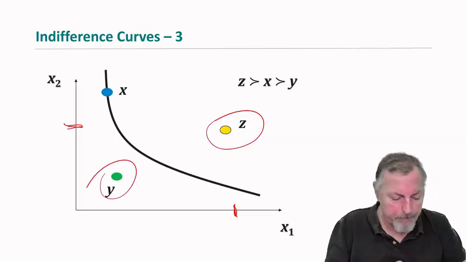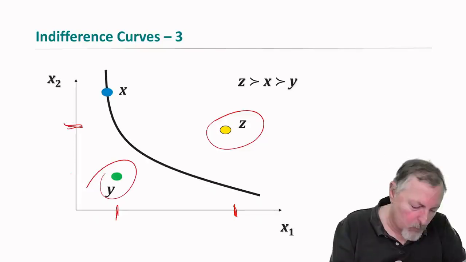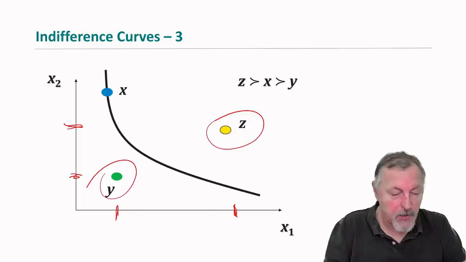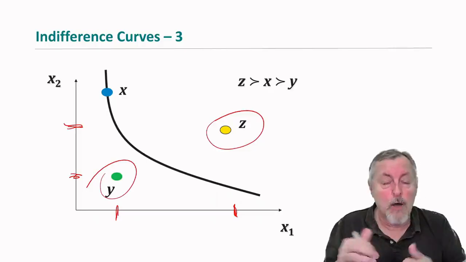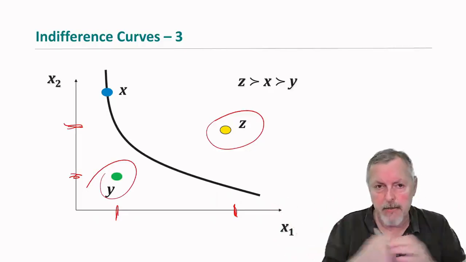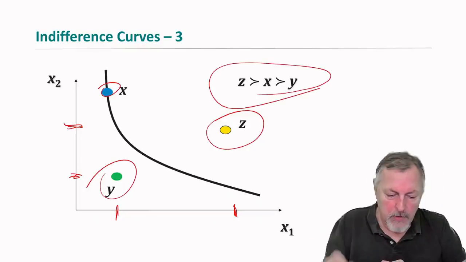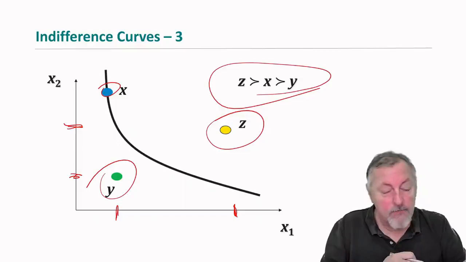This bundle has only a little bit of 1, a little bit of 2. You're going to prefer Z over Y because it has more of both things that you like. X is in between, which is what is shown there. If given a choice between X and Y, you will choose X. If given a choice between X and Z, you will choose Z.